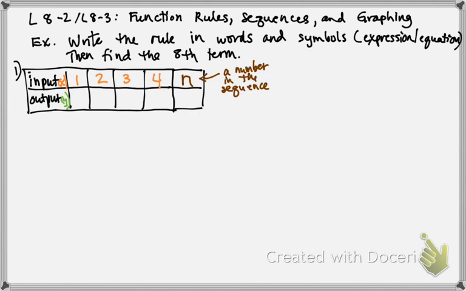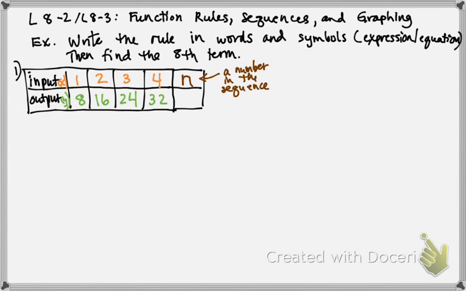Okay, and then we're going to be told the output numbers. So when I put in 1, I get out 8. When I put in 2, I get out 16. When I put in 3, I get out 24. When I put in 4, I get out 32. So I want to try to figure out how do I get those values.